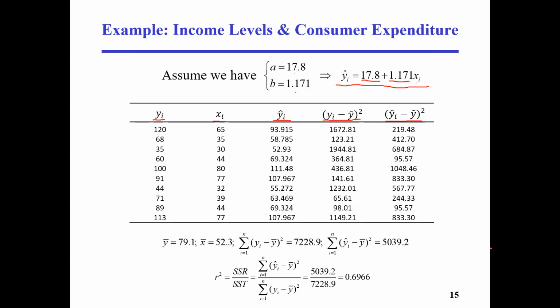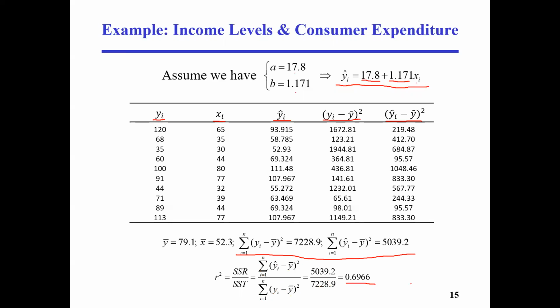So R squared is the ratio between SSR and SST, and this is the formula I showed you before, right? So we're going to use these two sums we just calculated to calculate R squared. So eventually 0.6966, that's the result.